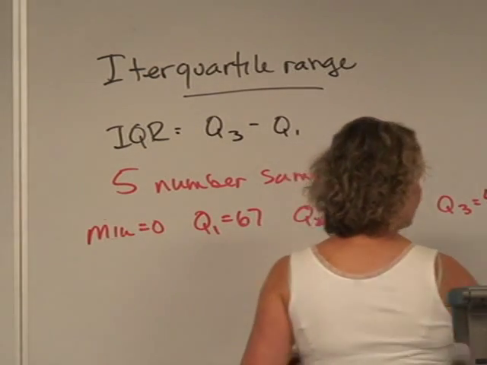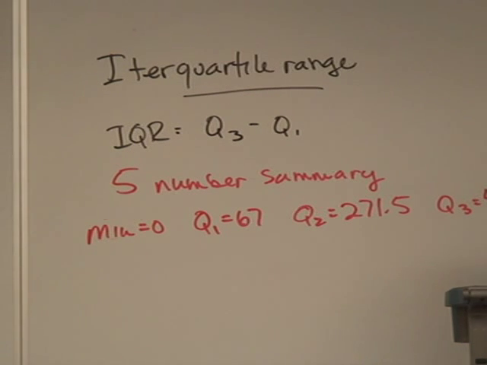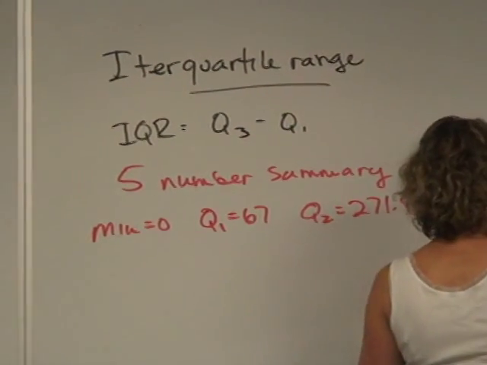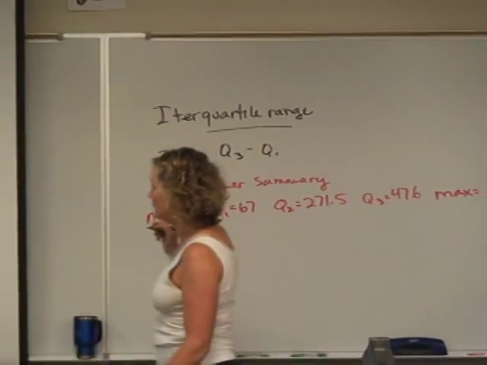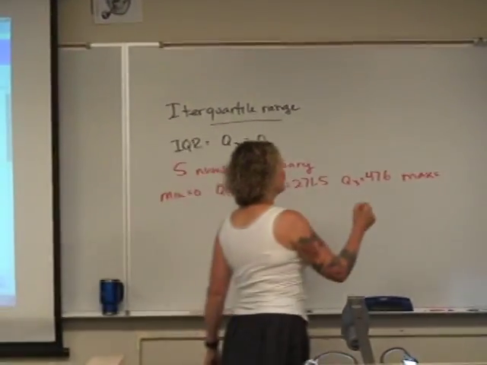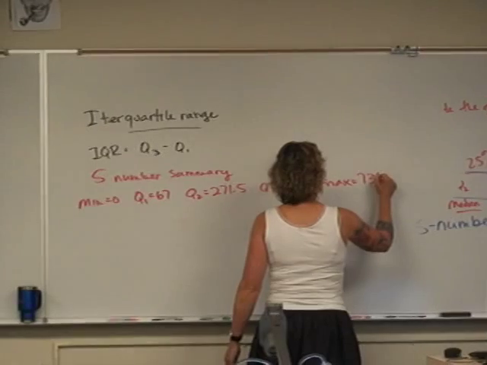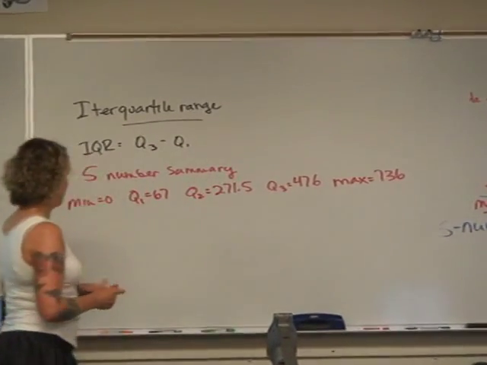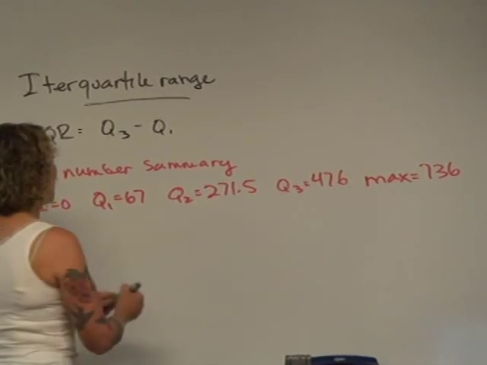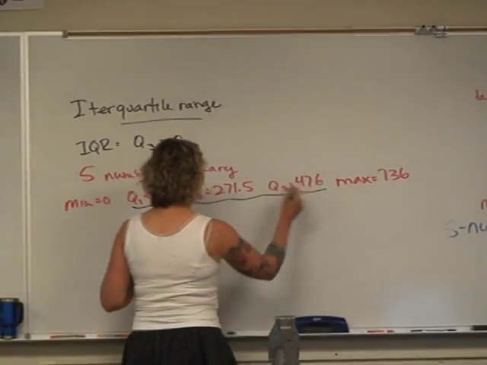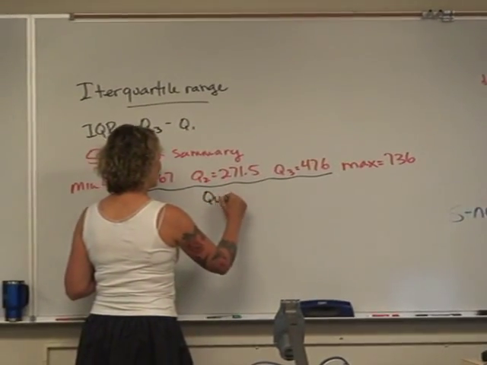And the max, or the largest value, what do we have there? 736. Okay, so there's your 5-number summary, and remember, if you just want the quartiles, it's Q1, Q2, Q3.